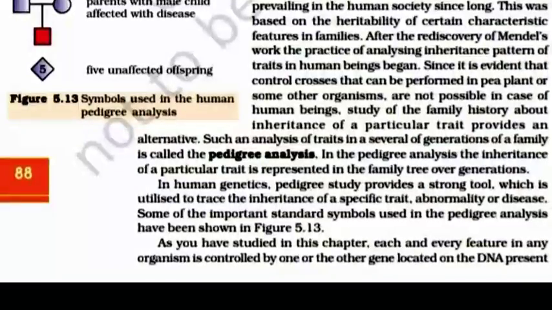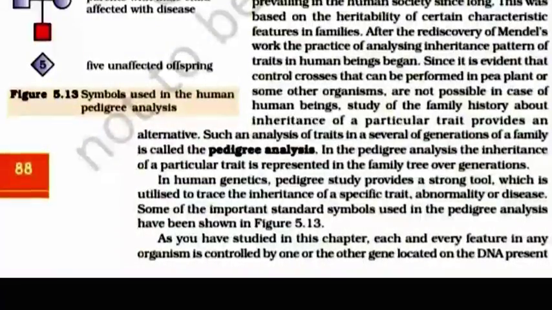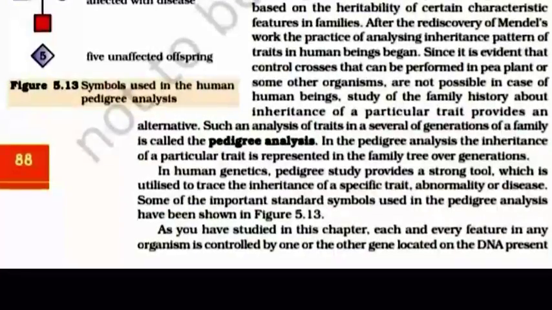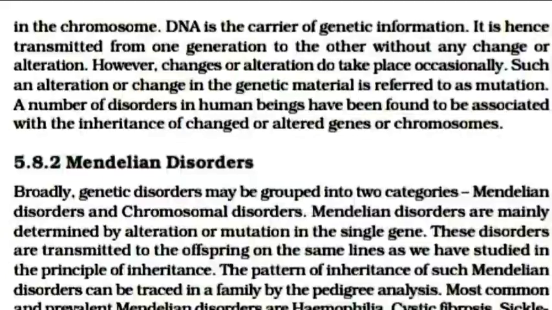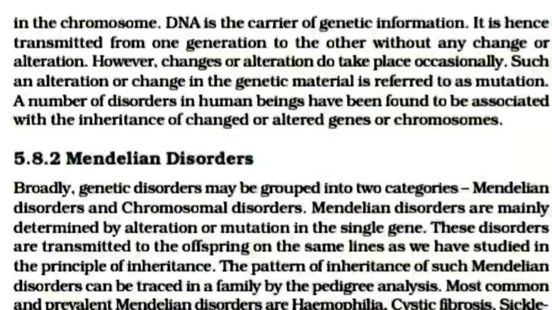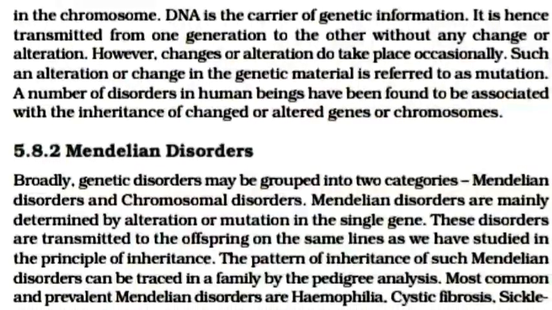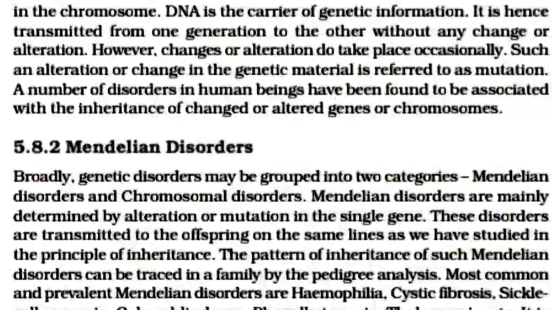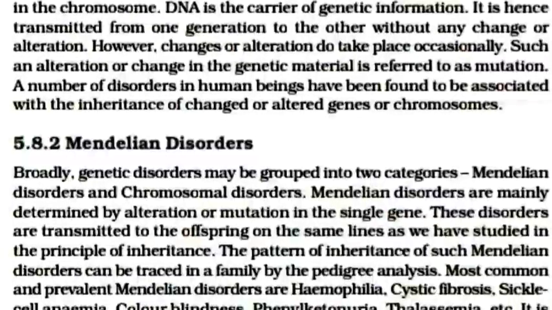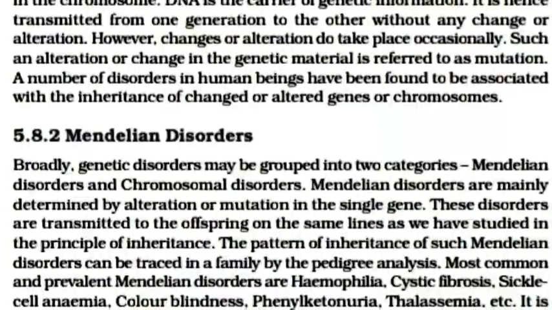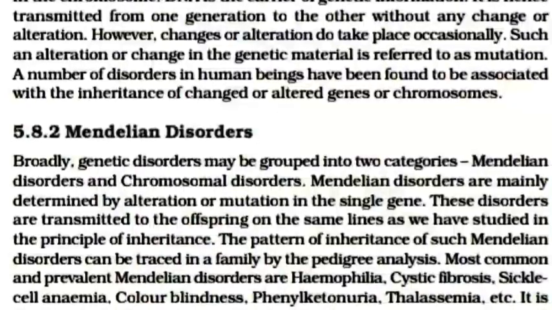As you have studied in this chapter, each and every feature in any organism is controlled by one or other gene located on DNA present in the chromosome. DNA is the carrier of genetic information. It is hence transmitted from one generation to the other without any change or alteration.